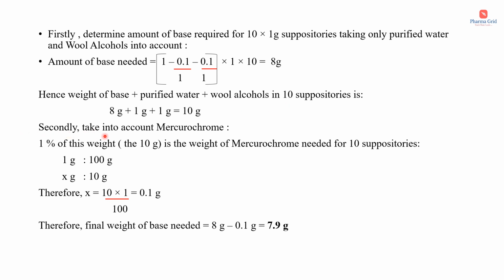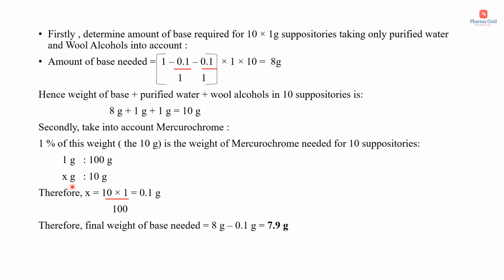Secondly, take into account the mercurochrome. In the question they have given the strength of mercurochrome as 1% of this weight, meaning 1% of 10 gram. Out of this 10 gram, only 1% is mercurochrome needed for 10 suppositories. 1% means 1 gram is present in 100 gram.